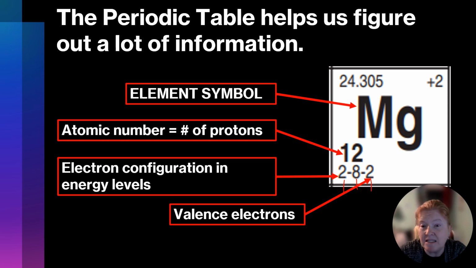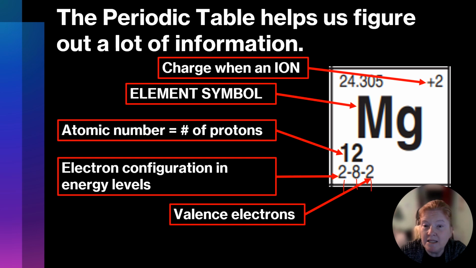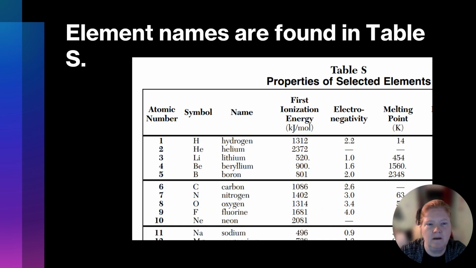It tells us valence electrons, that's the last number. And then this one that we haven't really talked about yet tells us the charge when it's an ion. All useful information. The element names are found in Table S as well. On the periodic table we just have symbols, but you can get the names by turning the page.